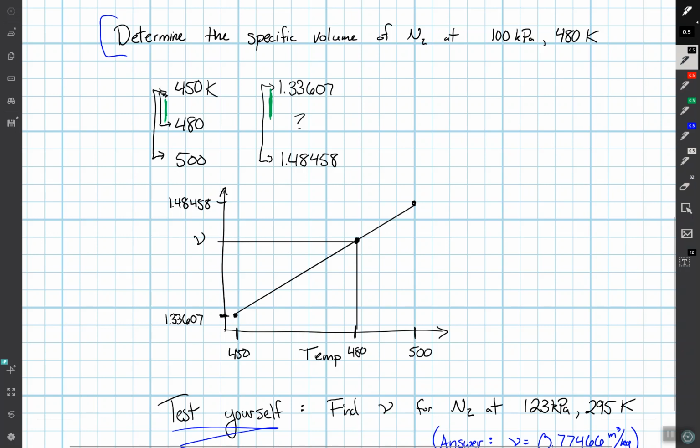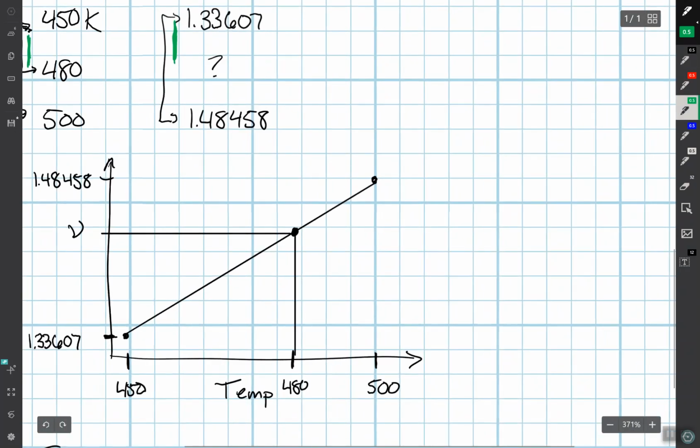Now, in reality, the actual curve between 450 and 500 is not necessarily a line. In fact, it's not a line. It's some sort of curve, but as long as that distance is small and it's not really curved, linear interpolation doesn't give a whole bunch of error. So you can think of it, maybe the real data goes something like that.